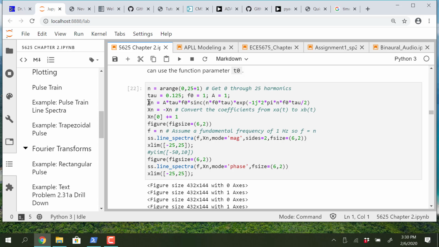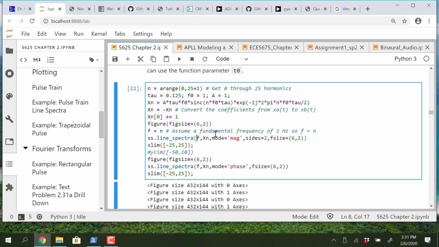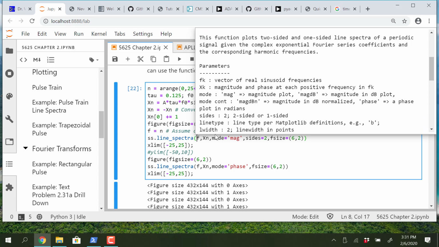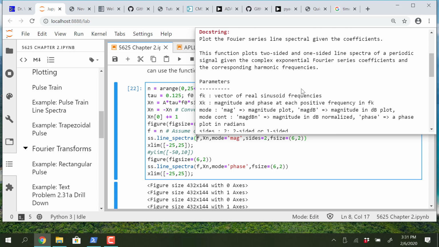I theoretically get those Fourier coefficients, and load them into this variable xn all at once because I've swept n over a range. My function line spectra, if I go shift tab in that, tells you that what I load into it is magnitude and phase at each positive frequency, and then it makes the assumption it's a real signal, so it takes care of producing the two-sided spectrum using the symmetry properties, is the way I wrote this originally.